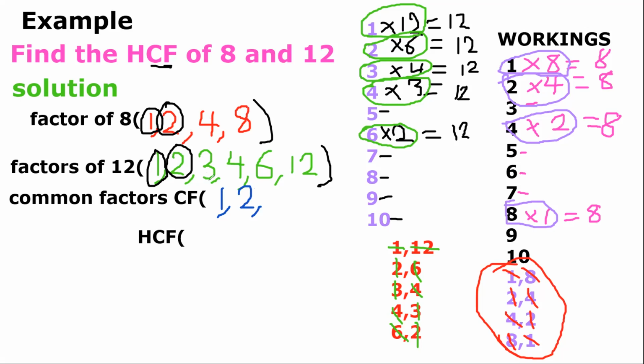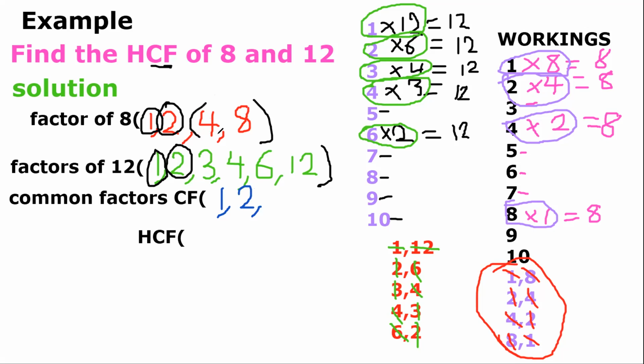So this 3 is not a common factor here. Okay, 3 is not a common factor because 3 belongs to the factors of 12 only. Yes, you need a number that belongs to both factors. So 3 is not a common factor here.